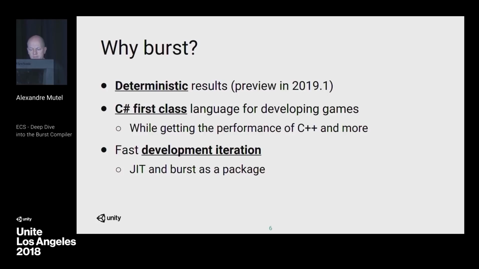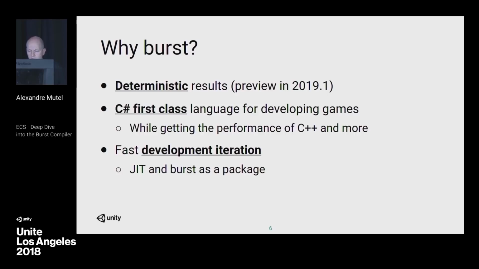Another aspect for Burst is that we would like to push for deterministic results for floating point operations. It's not yet part of Burst. I hope that we'll get something by the beginning of next year. But that's a really important topic for ECS. It's also about the language. We still want to work in C#.